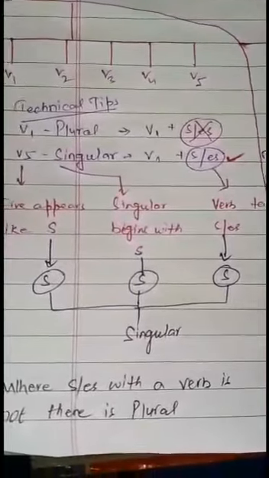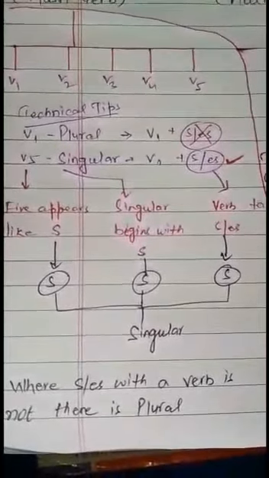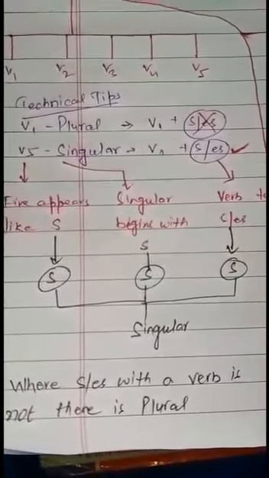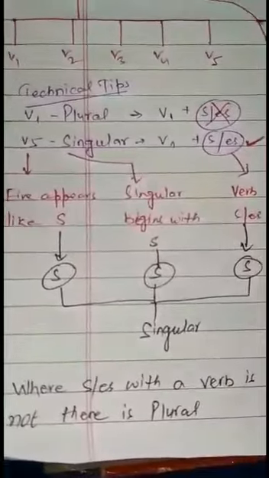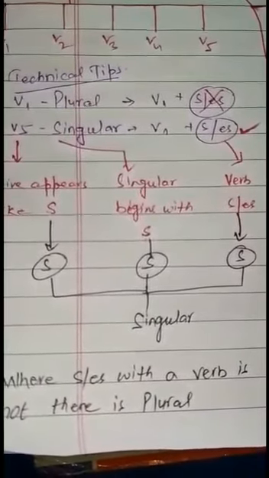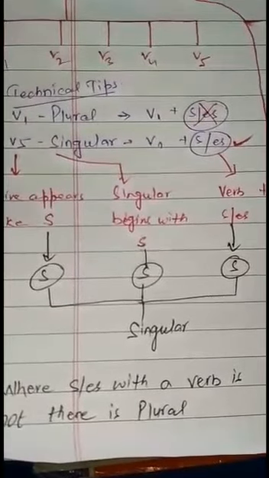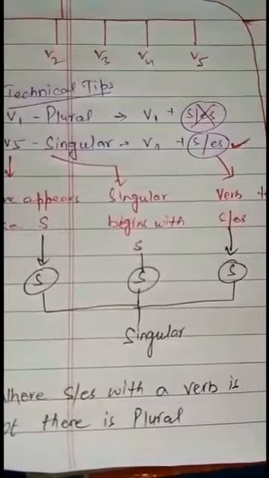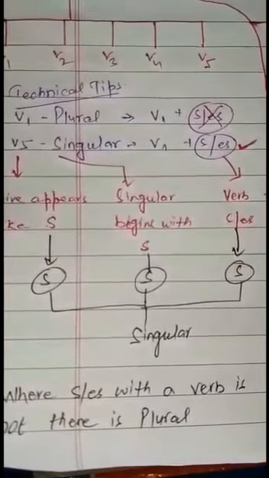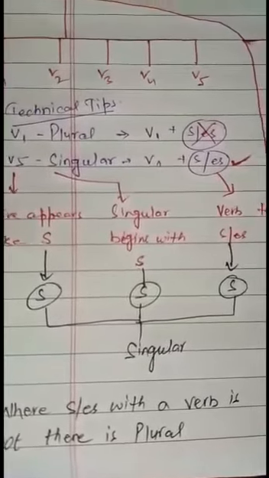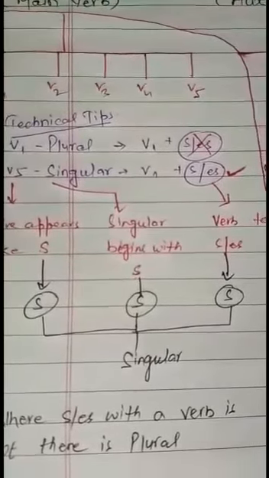Here I just want to give some technical tips. Mostly students get confused in using V1 and V5. The technical tip says V1 is plural in form, V5 is singular in form. How is V1 formed? When you have any Hindi word that is a verb, you change it into English, and the word which you find is your V1.